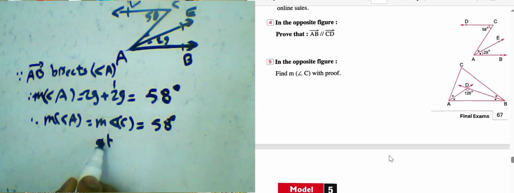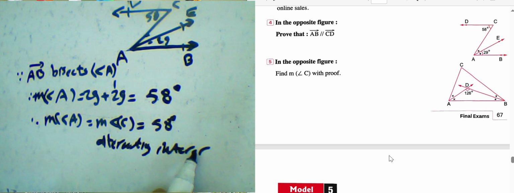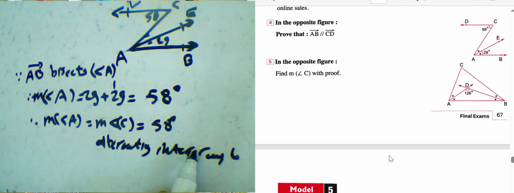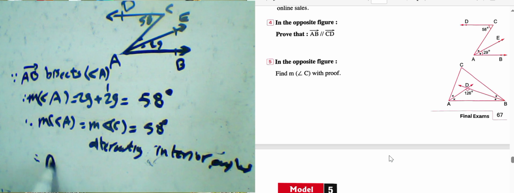We call it alternating interior angles. Then AP will be parallel to the ray CD because we have two alternating angles.